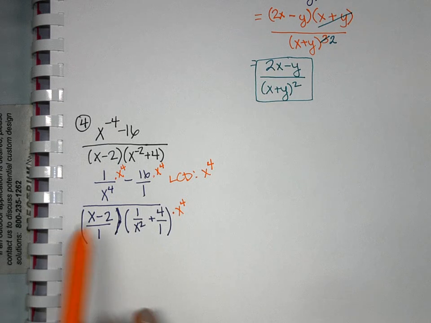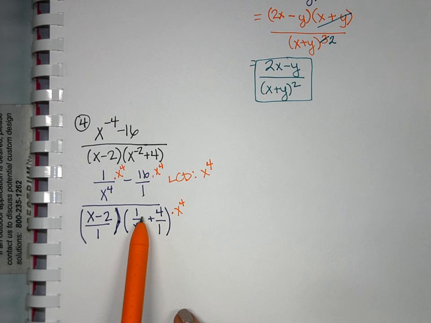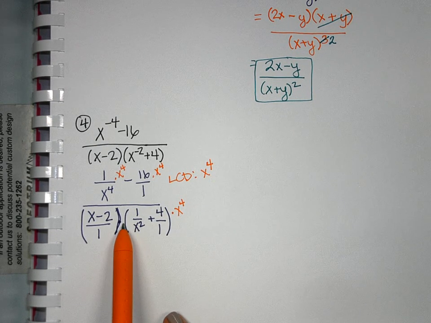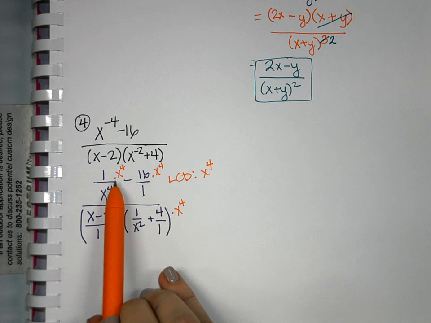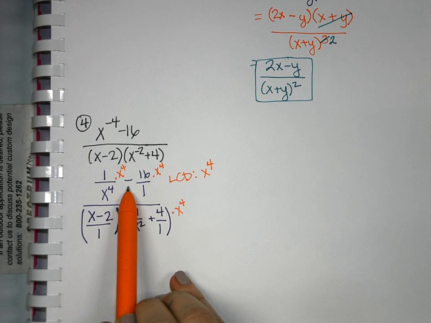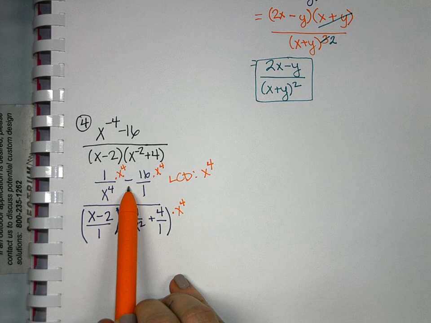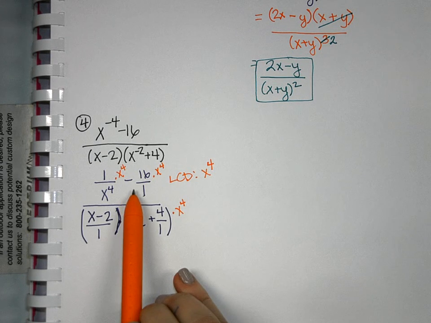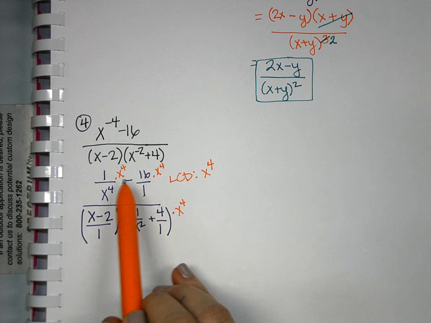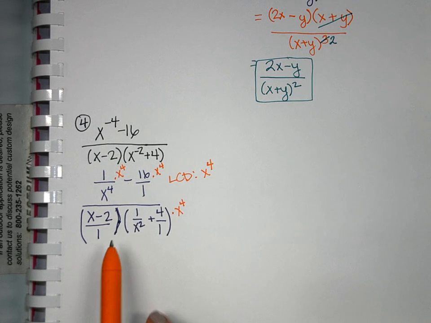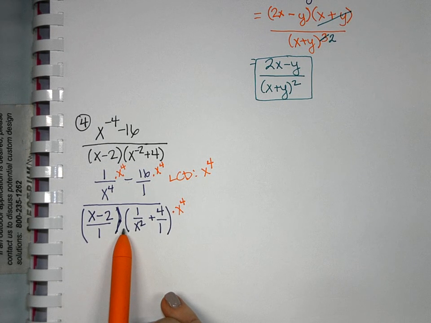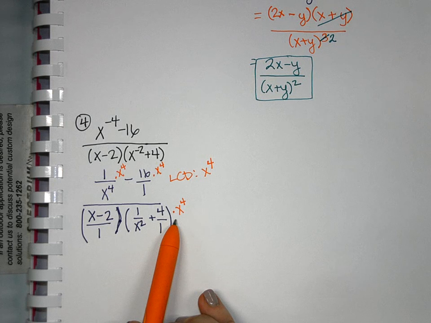So we only need to distribute this to one of the two because it's multiplication down here. On top, we had to multiply it to each one because they were being subtracted. So that's really the difference on this one, is if you have a plus or minus, it has to go to each term. Down here, because it's multiplication, we just have to multiply it once into one of the polynomials.